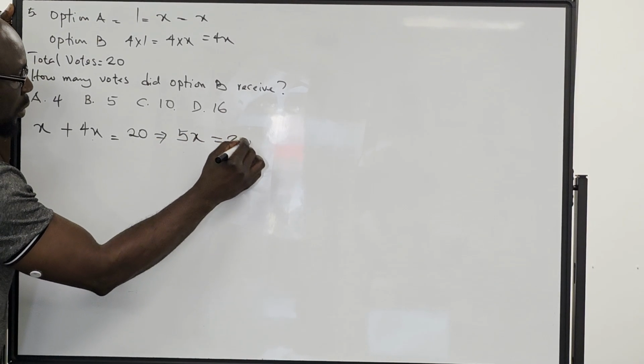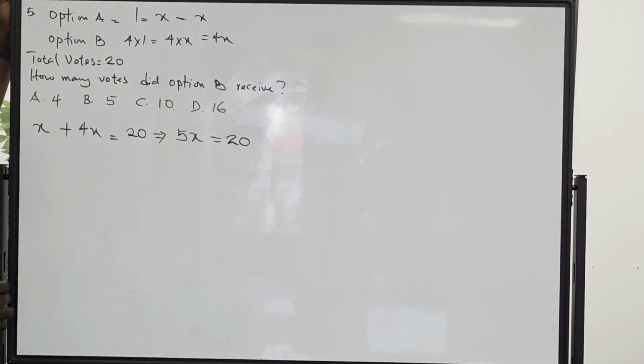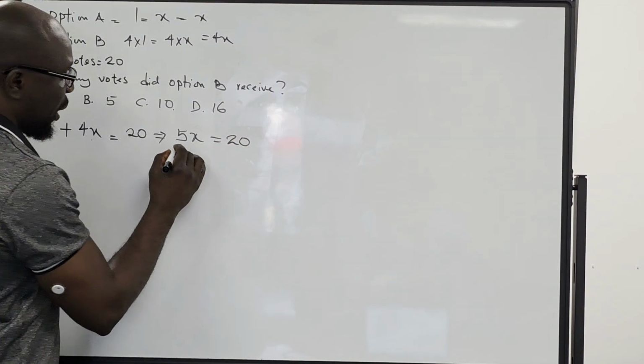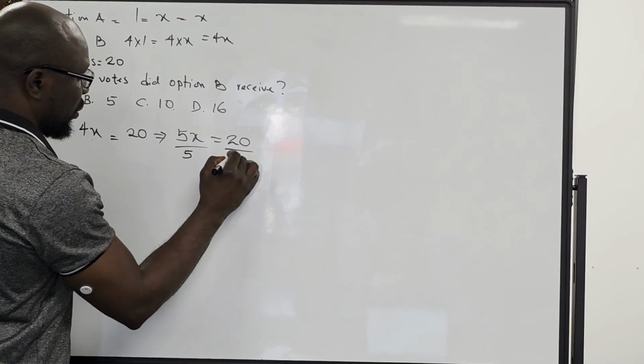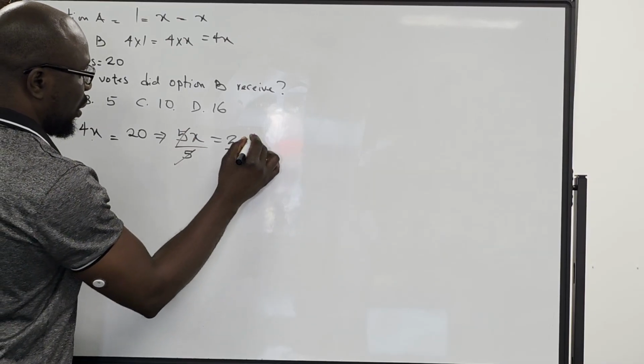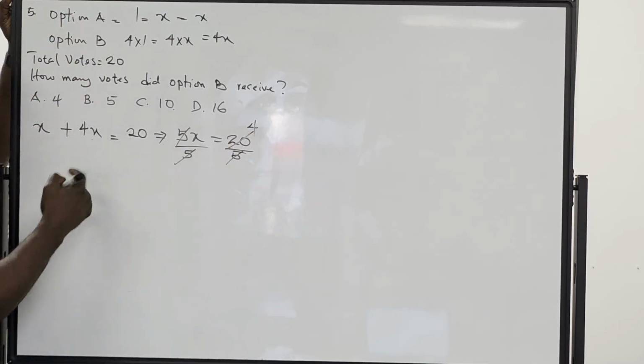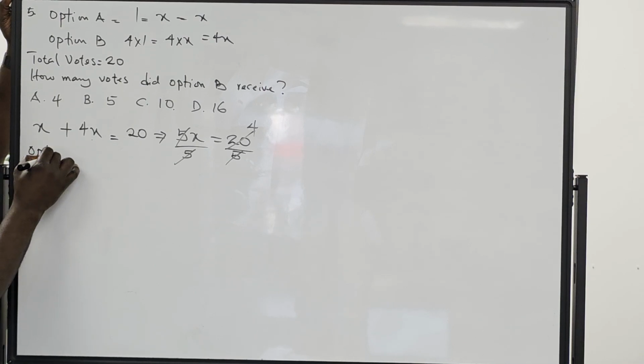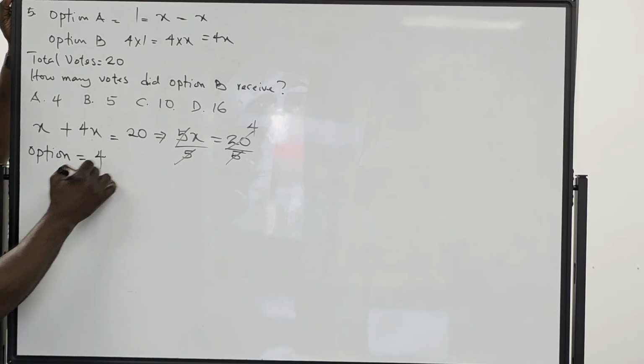So 5X is equal to 20. If we divide both sides by 5, X is equal to 4. So option A is equal to 4.